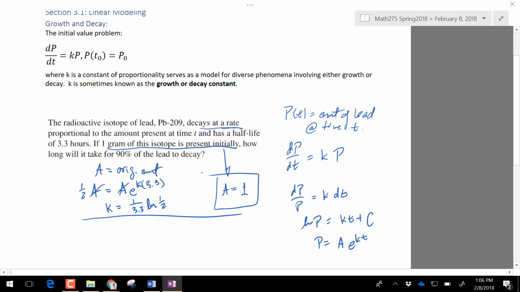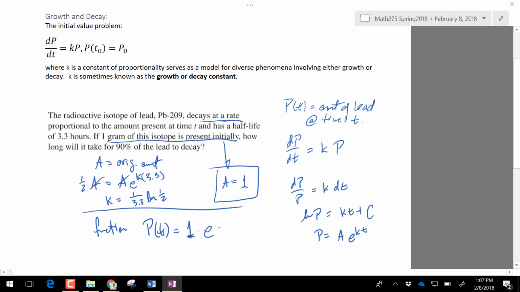And then we're all set to find how long it will take for this to decay to 90%. So your actual function, we have the solution for this already. P of t is equal to 1 times e to the k times t.